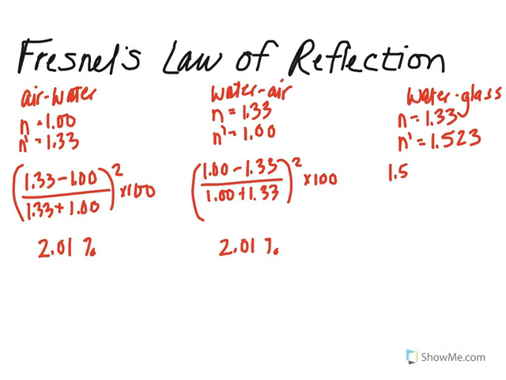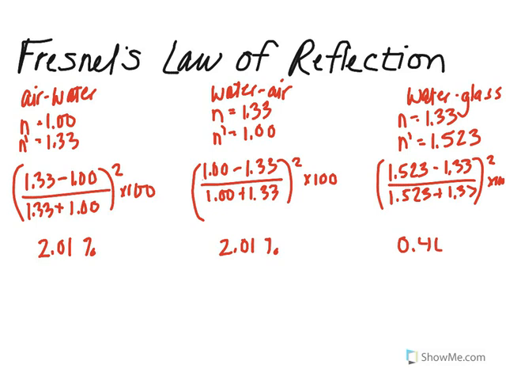So 1.523 minus 1.33 over 1.523 plus 1.33, squared and times 100, and that will give us a much smaller value of 0.46%.